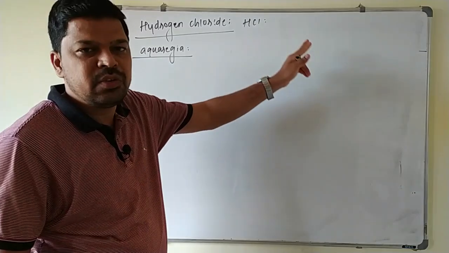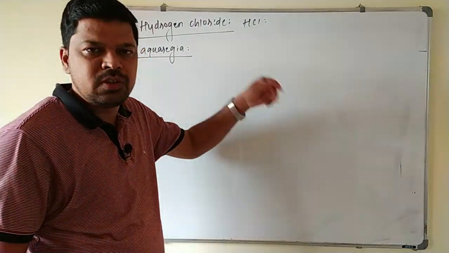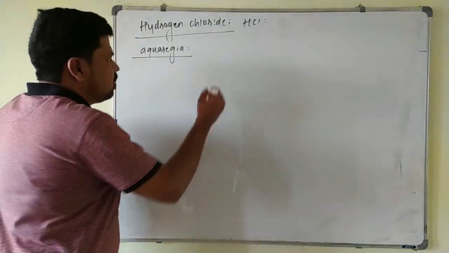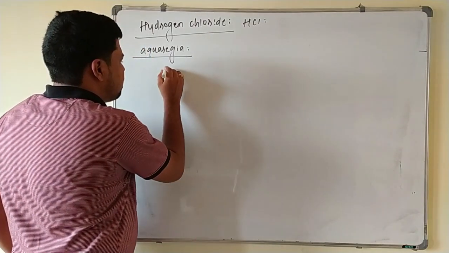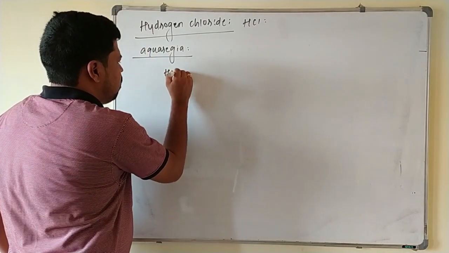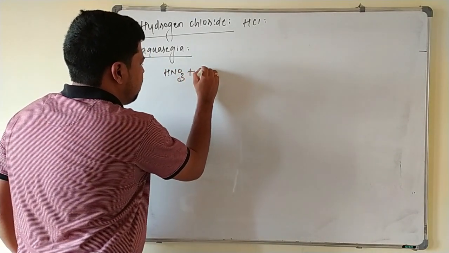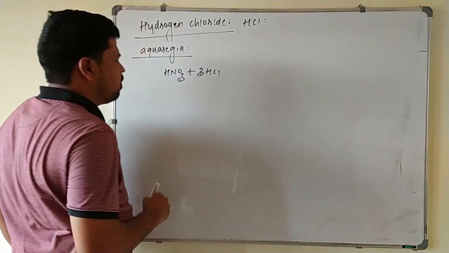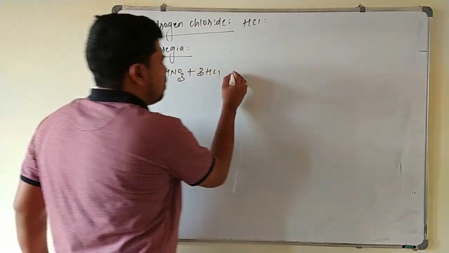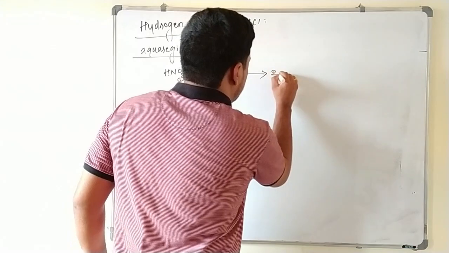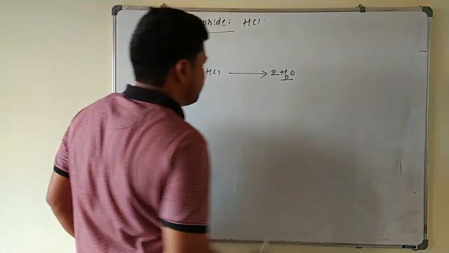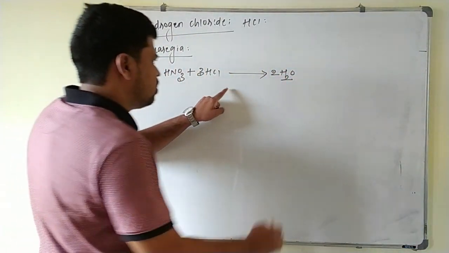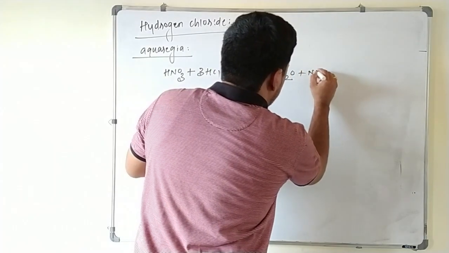Whenever HCl and HNO3 are in the 3:1 ratio, they are mixed there. So first I will write aqua regia. This is a mixture of HNO3 and 3 moles of HCl, 3:1 mixture. So first it will form what? That is on decomposition, it gives 2 times of water, and NOCl is formed.